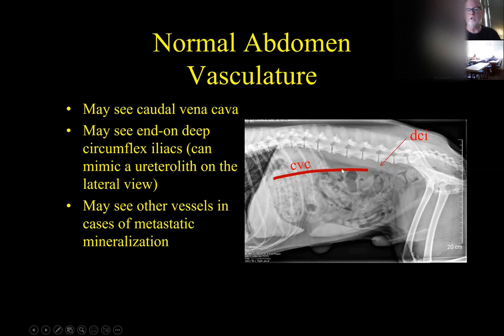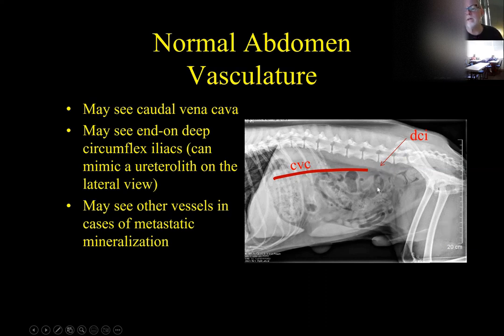The caudal vena cava then extends cranially, and once it dives through the diaphragm, this is the caudal vena cava in the caudal aspect of the thorax. Sometimes if you look real closely, there's a little radiopaque dot right there in the retroperitoneal space.